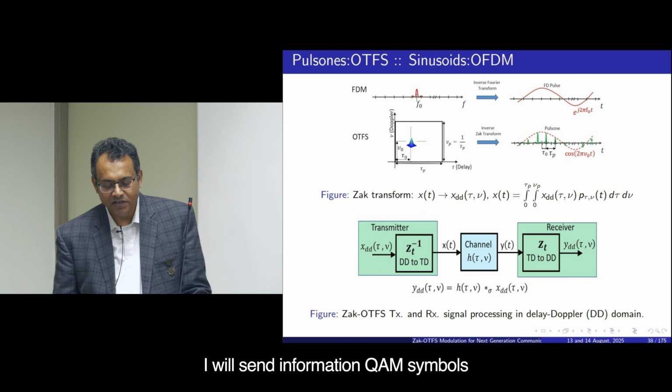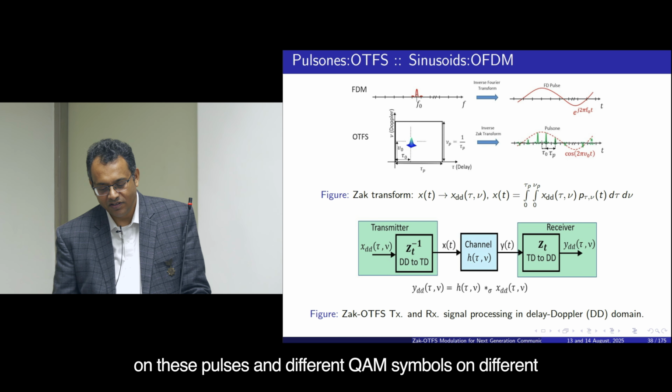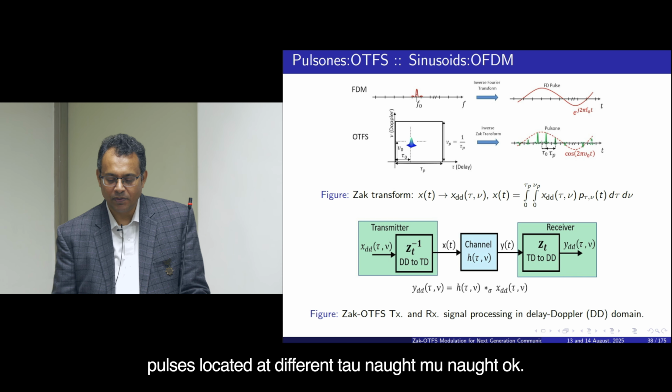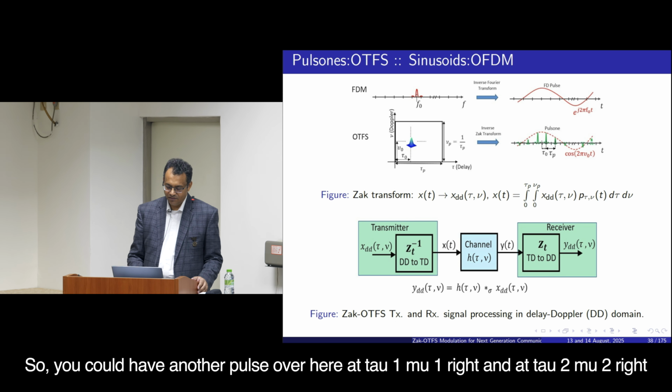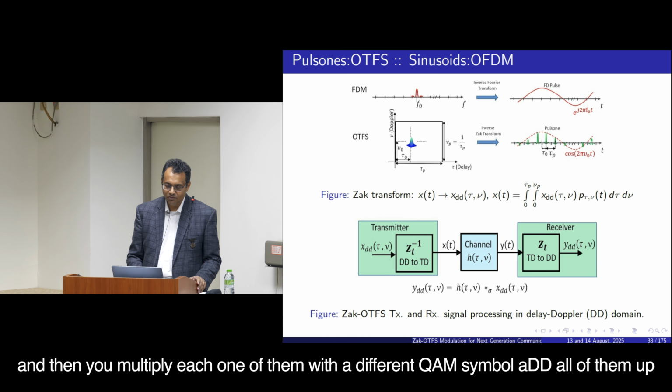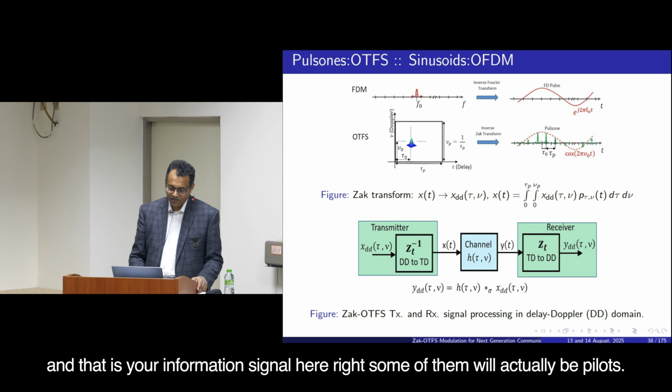I will send information QAM symbols on these pulses and different QAM symbols on different pulses located at different tau naught nu naught, okay. So you could have another pulse over here at tau 1 nu 1, right, and at tau 2 nu 2, right, and then you multiply each one of them with a different QAM symbol, add all of them up, and that is your information signal here, right.